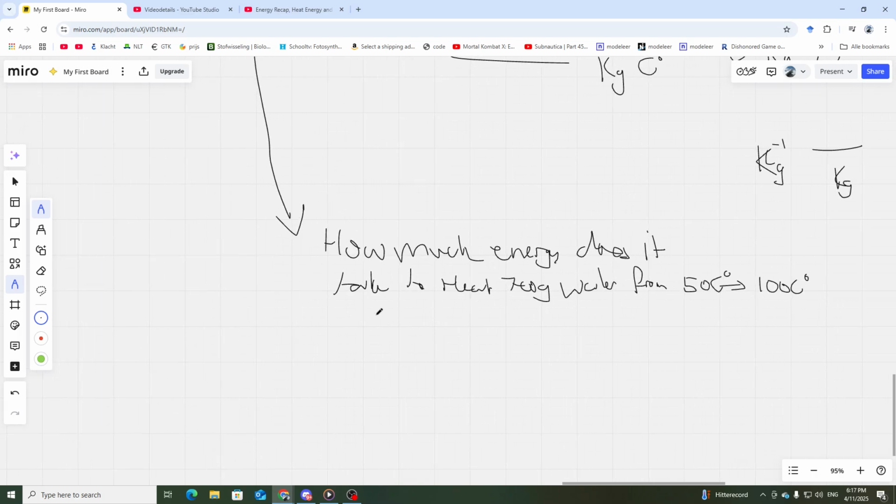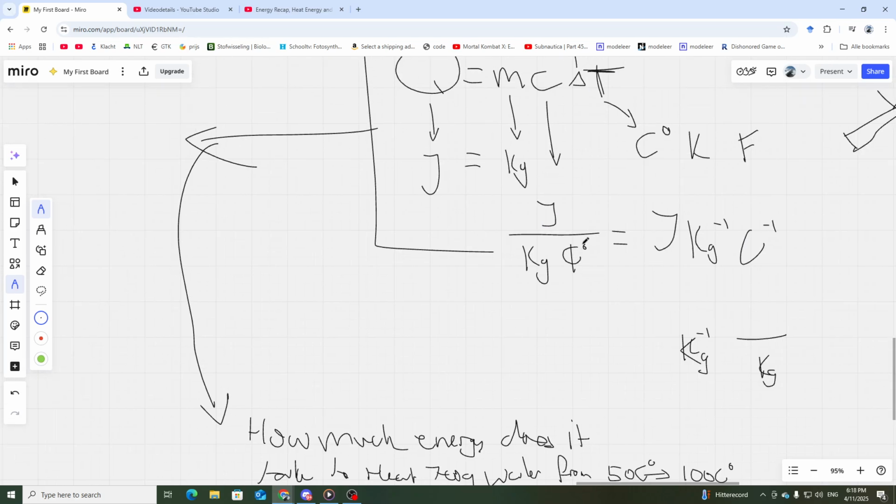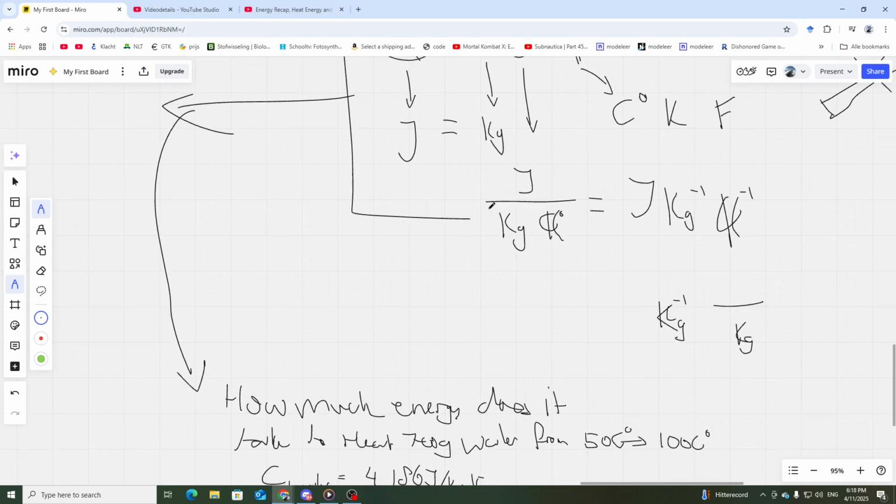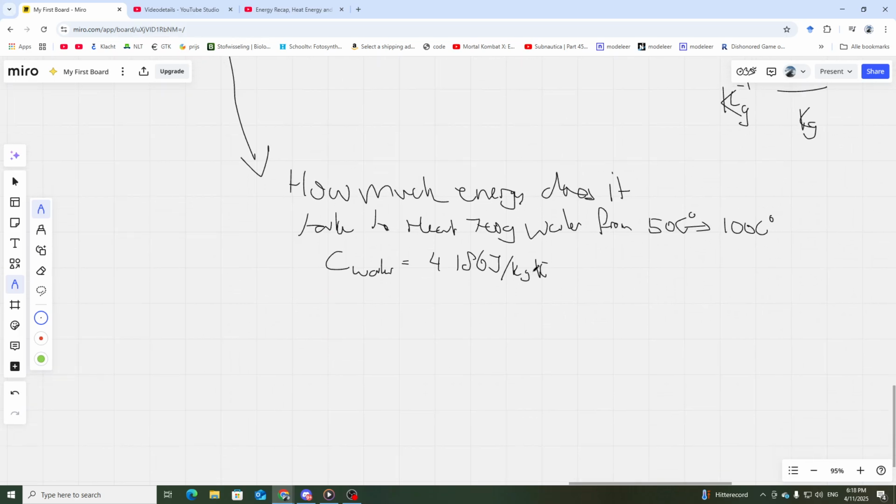Okay, coolio. And then you will get given the C of water, so the specific heat capacity of water is 4,186 joules per kilogram per Kelvin. So I should actually update this to Kelvin. That is my bad. But Celsius, low-key same thing, but not really, so don't quote me on that.